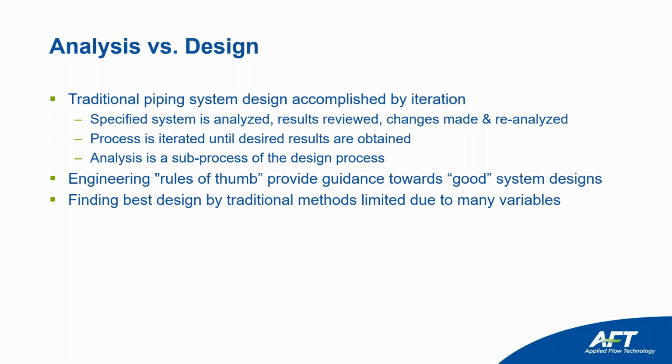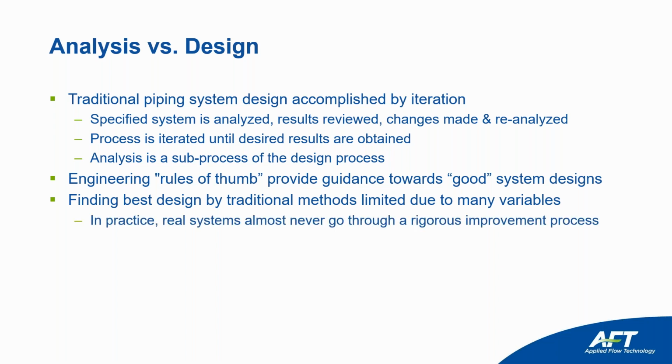And when all those things interact with each other, especially if you've got control valves in the system, it can make trying to find the best combination of pipe sizes that result in a low cost a headache. And the problem is that no one has time to go through that process to really look at all sorts of different options for design here.